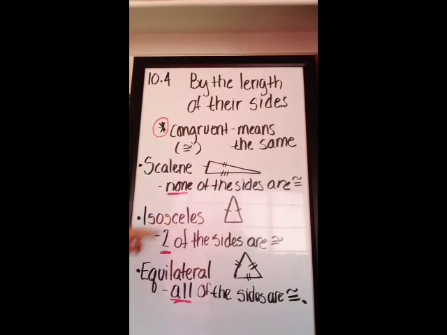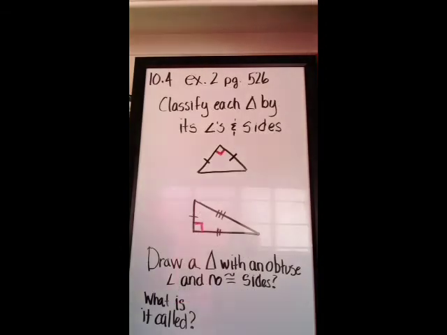An isosceles triangle has 2 sides that are congruent. So these 2 are equal length, but this one is different. And finally, an equilateral triangle, meaning all of the sides are congruent. Okay, on page 526, we're going to do exercise number 2 that goes something like this.